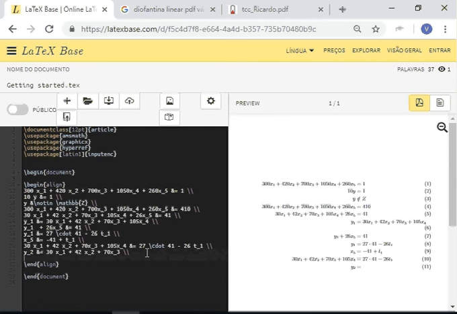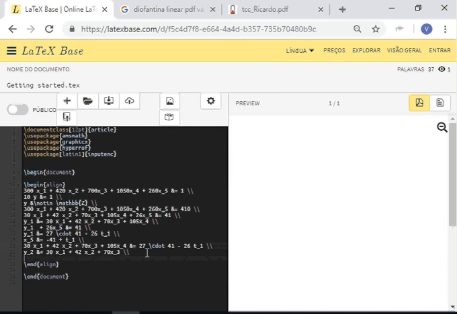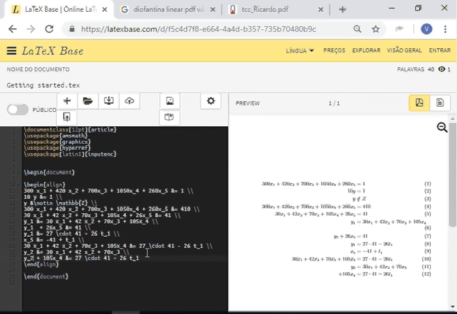Now we have another equation: y2 + 105x4 equals that thing, 27 times 41 minus 26t1.